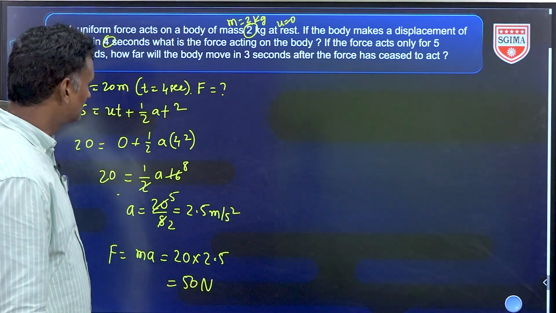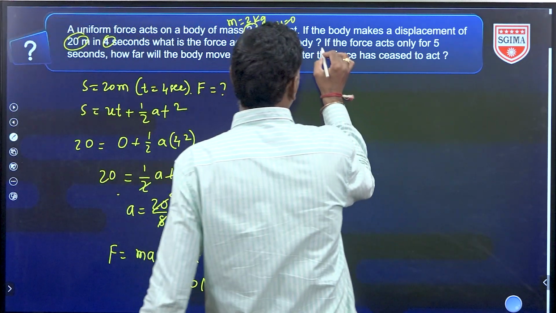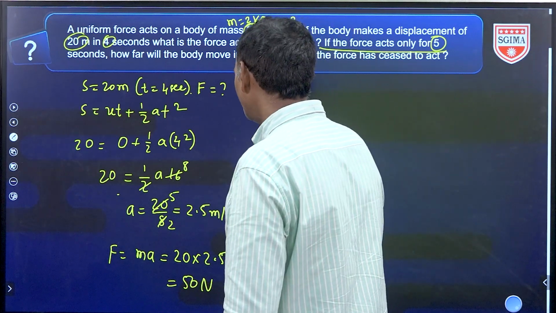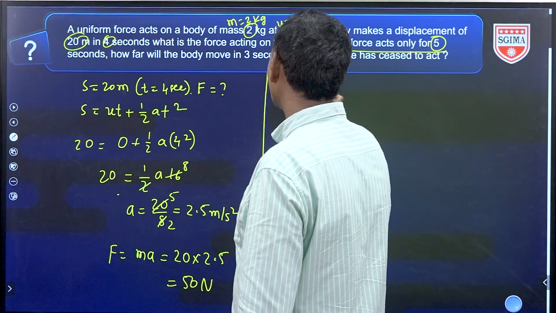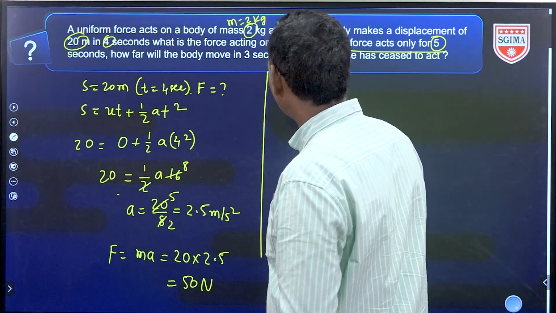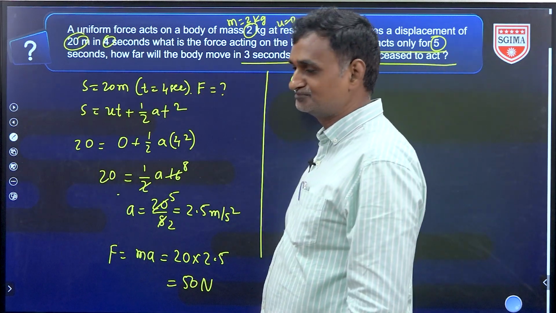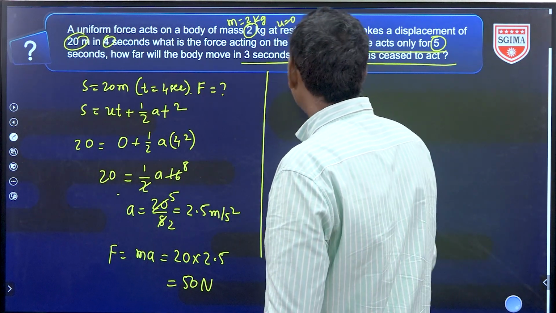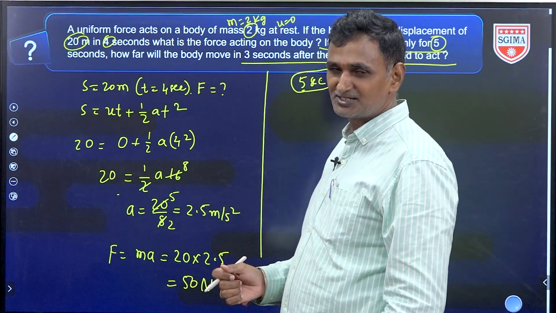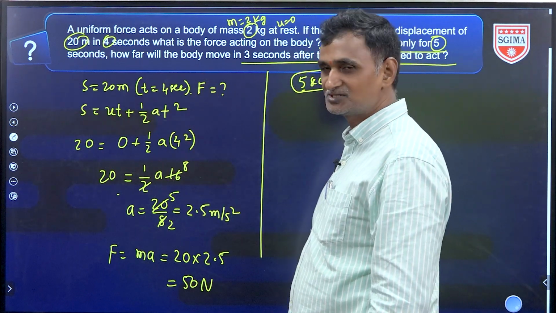Okay na? So now after this one, second part, if the force acts only for 5 seconds, how much time it has been acting? 5 seconds. Okay na? How far will the body move in 3 seconds after the force has ceased to act? Which means force is acting for 5 seconds, and after 5 seconds the force is going to be stopped.